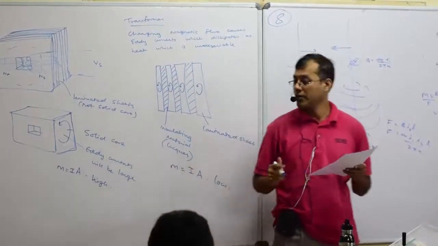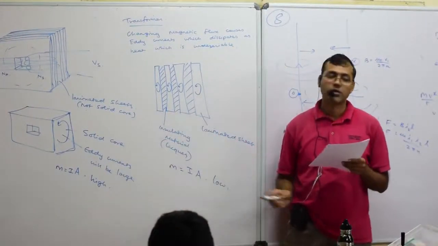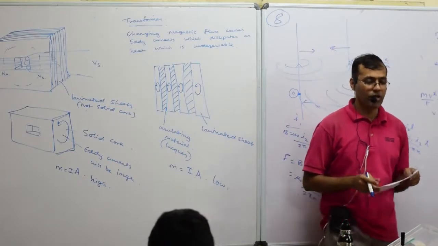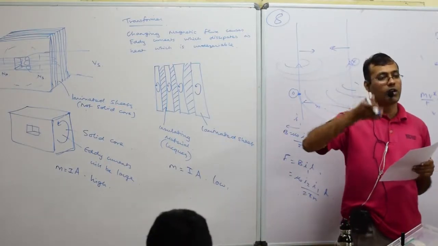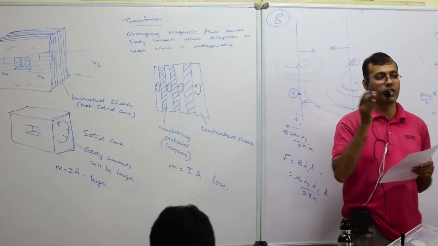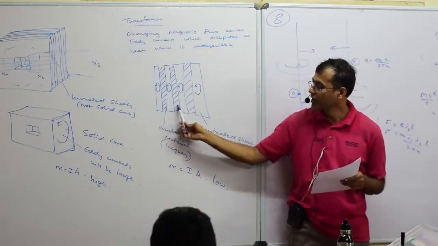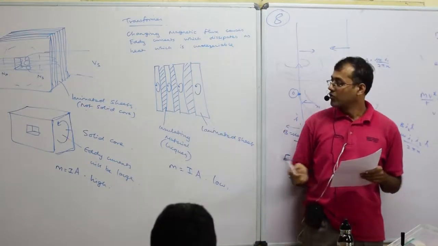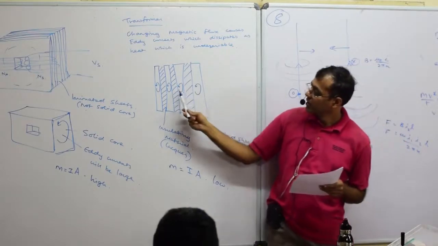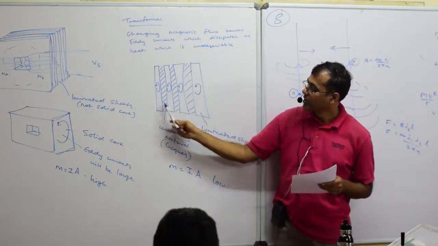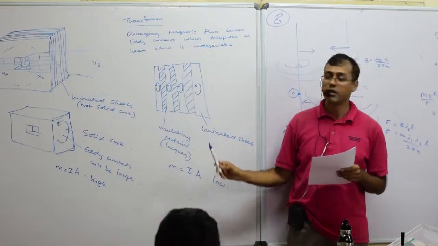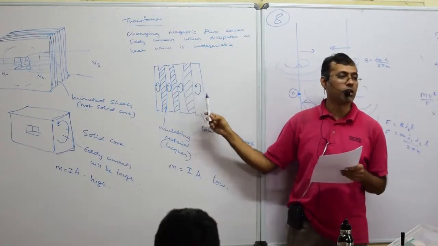How to overcome the problem? So this is the answer. You should say that instead of one solid core, they have laminated sheets, and even between the laminated sheets there will be some insulating material. Because of this insulating material, the current cannot be produced continuously like this, right? So it will be produced only in a small region.